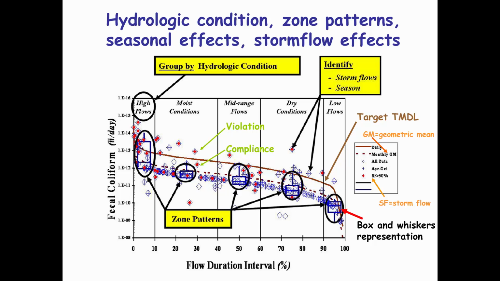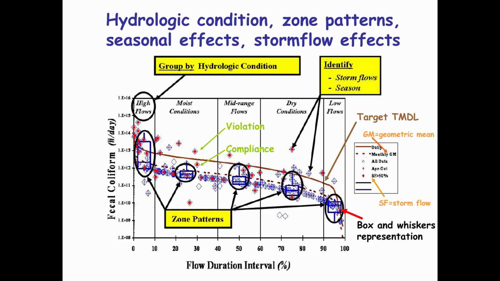The upper and lower lines of each box are usually the 75th percentile or quartile and the 25th percentile quartile, and the middle line would be the median of the values. Those are values that are derived from the grab sample values within any one of the hydrologic condition regimes.